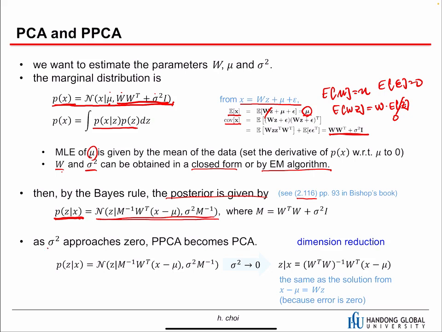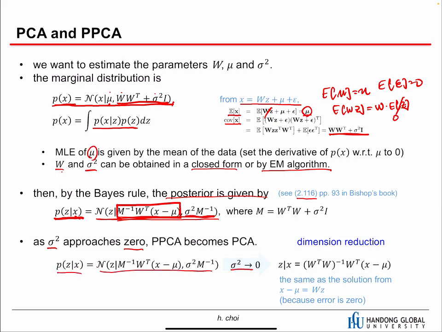So let's assume that we already have this one. As sigma square approaches 0, the probability of z given x has a mean and the covariance. Then sigma square is 0. It means given x, z will be this one, right? This one is a Gaussian distribution.